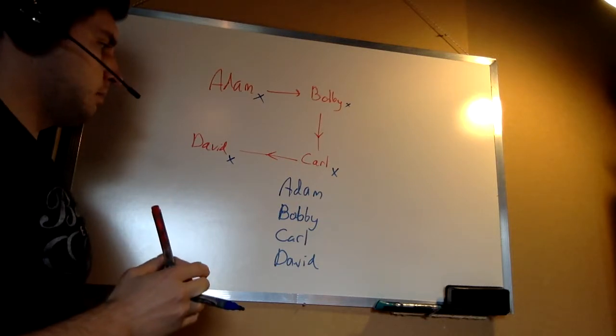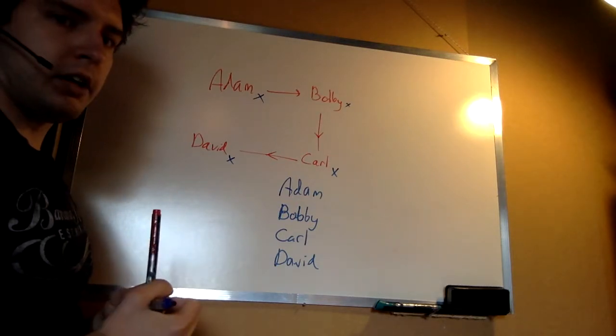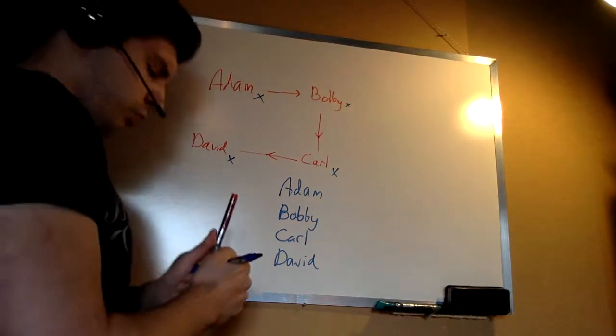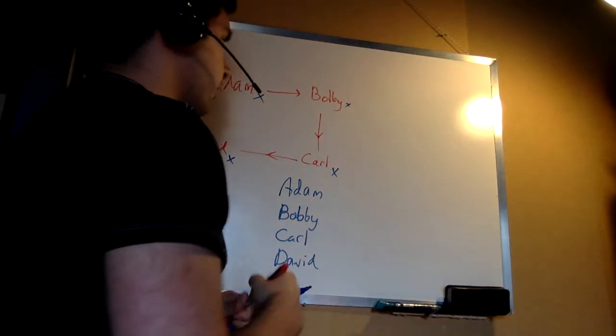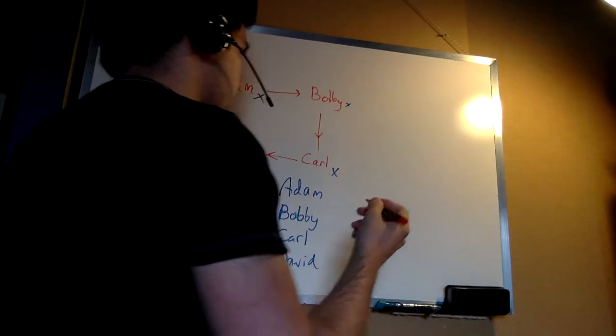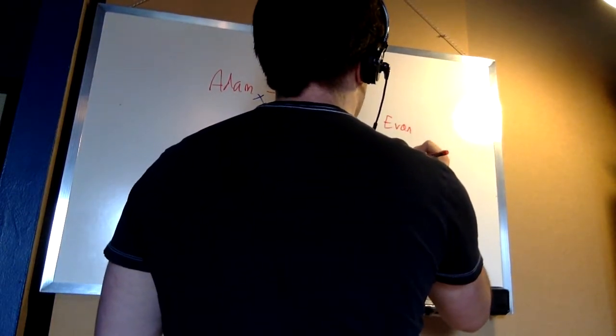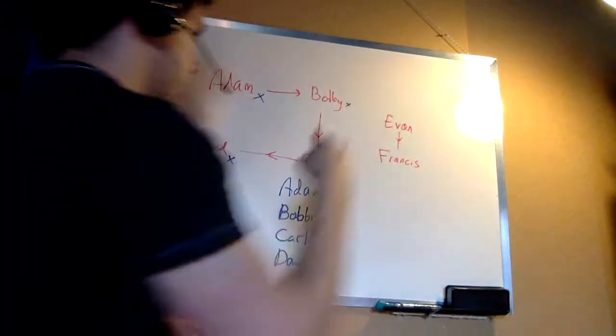All right. Let's just do one more example here of 2 components, because I alluded to this before, but we didn't really talk about it. So let's say we have Evan and Francis. And Evan hates Francis. So this is still all one graph.